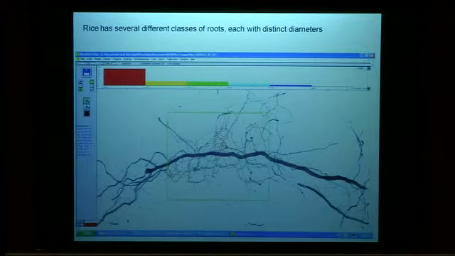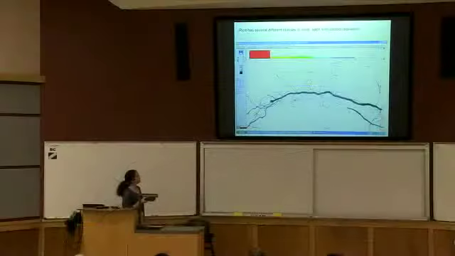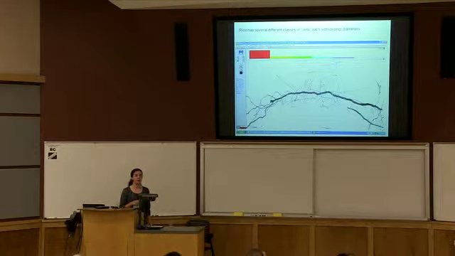So this is a WinRHIZO image that we've already been introduced to by Steve. But I just wanted to point out about rice roots that there are actually several different classes of lateral roots, each with distinct diameters. You can see that the roots colored red are called S-type lateral roots. They have a very small diameter, less than 0.05 millimeters.